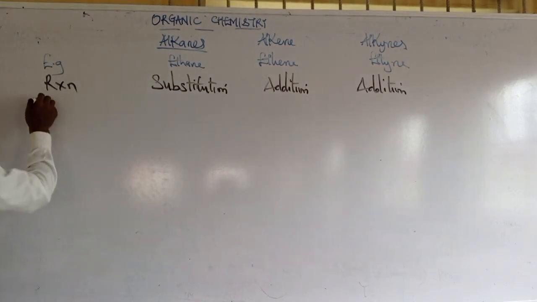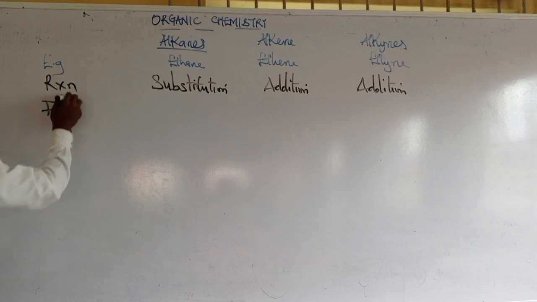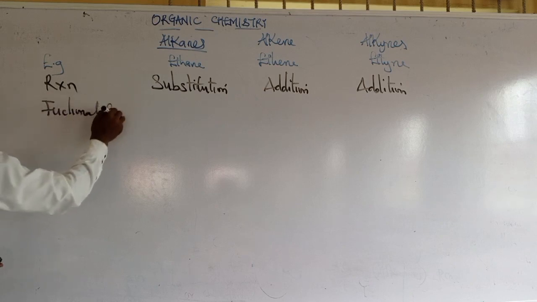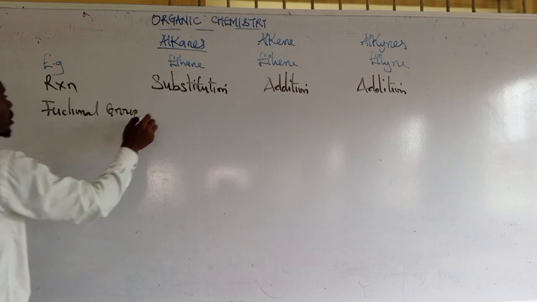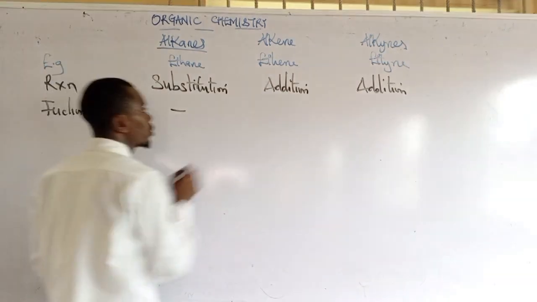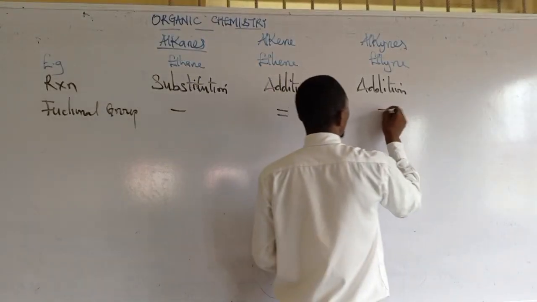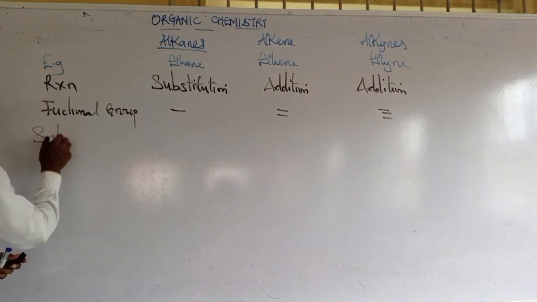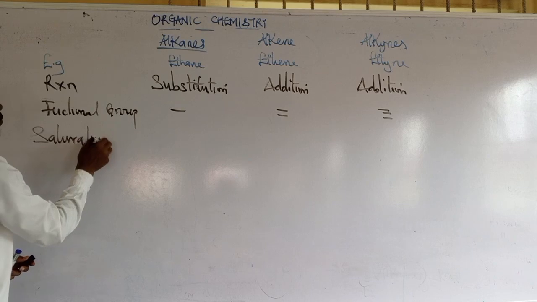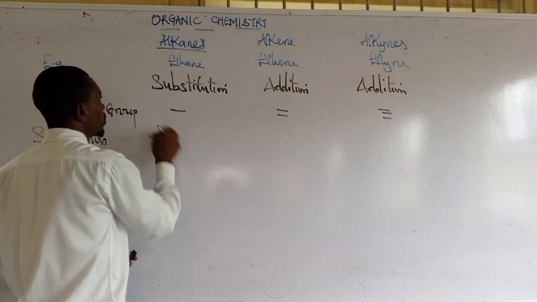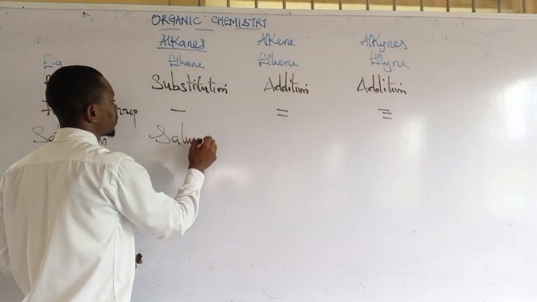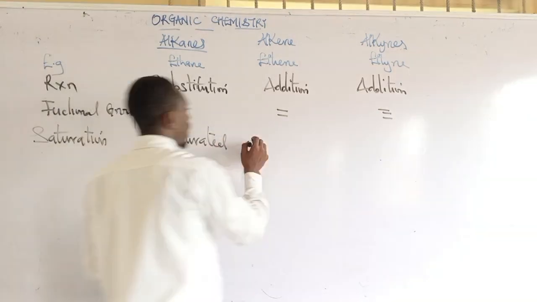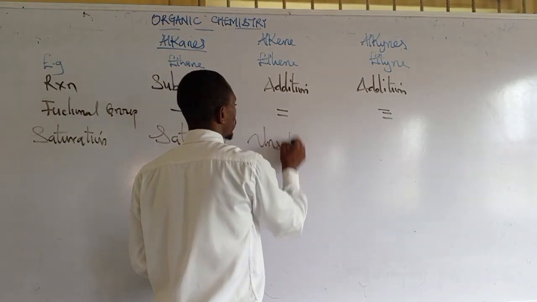Then here, the bonds or functional group: single covalent bond, double covalent bond, triple covalent bond. Then saturation. These ones are saturated. These are unsaturated.